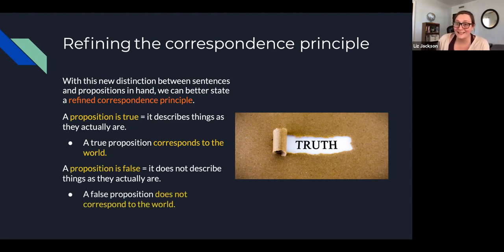So when John says, "I did the dishes," if Bob's the one who actually did them, even though John utters the same sentence that Bob does, the proposition expressed by John's sentence, "I did the dishes," is false because Bob did them. So that would be a false proposition. To be more accurate and to really get at the deep nature of truth, we need to think about truth in terms of propositions, which are thoughts or ideas, rather than just a string of words.